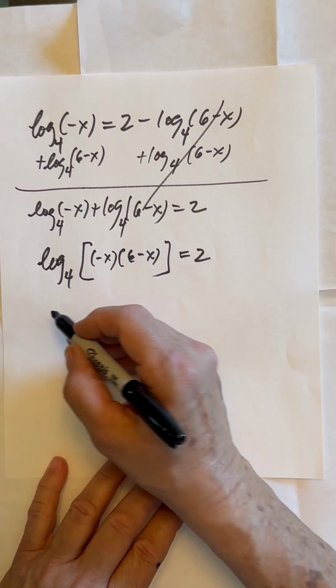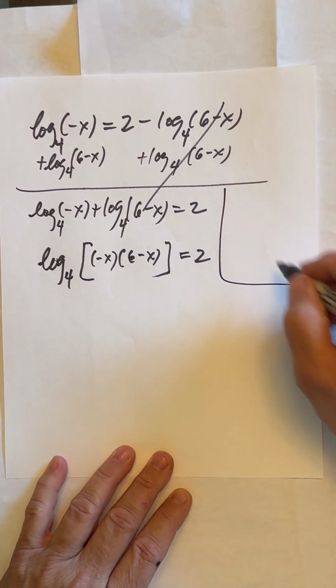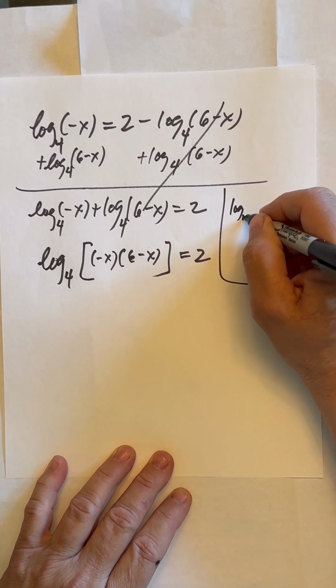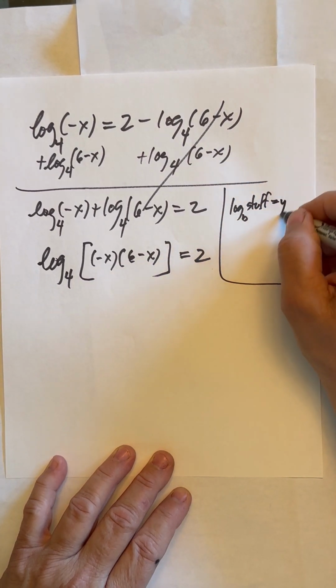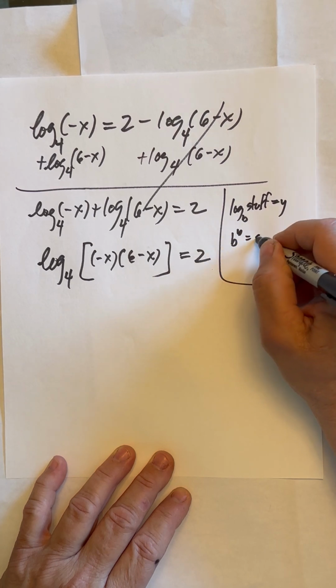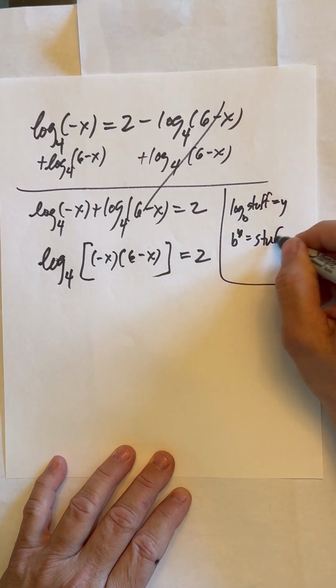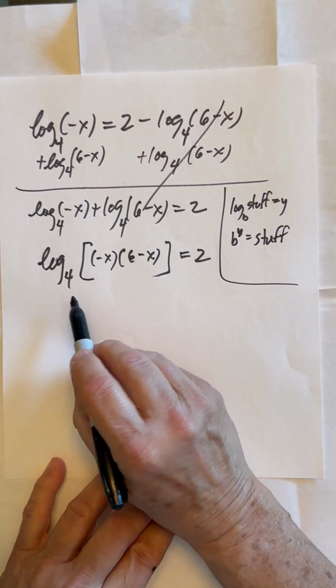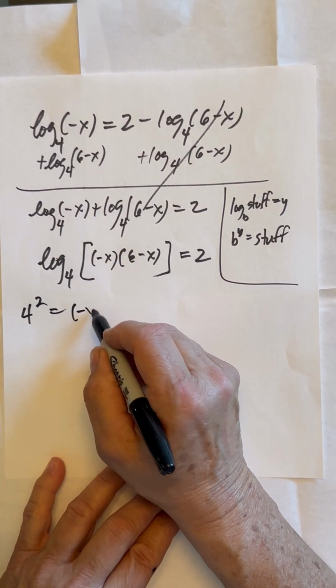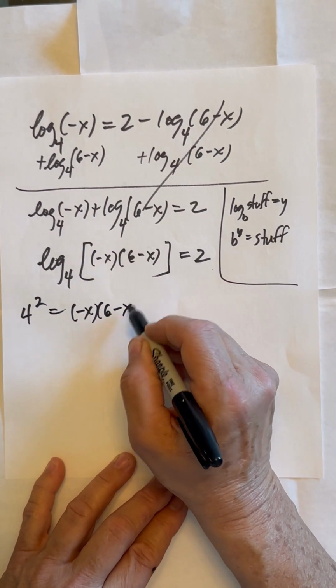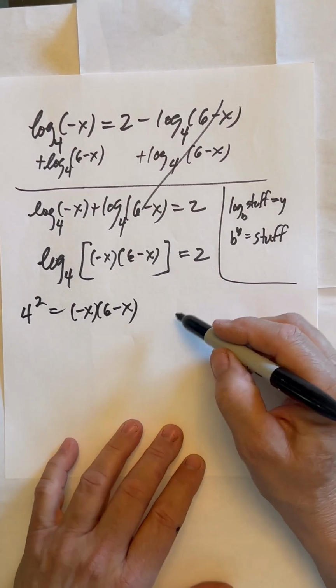The definition: log base b of stuff equals y means that b to the y equals stuff. So 4 squared equals all this stuff, negative x times 6 minus x. That's the definition.